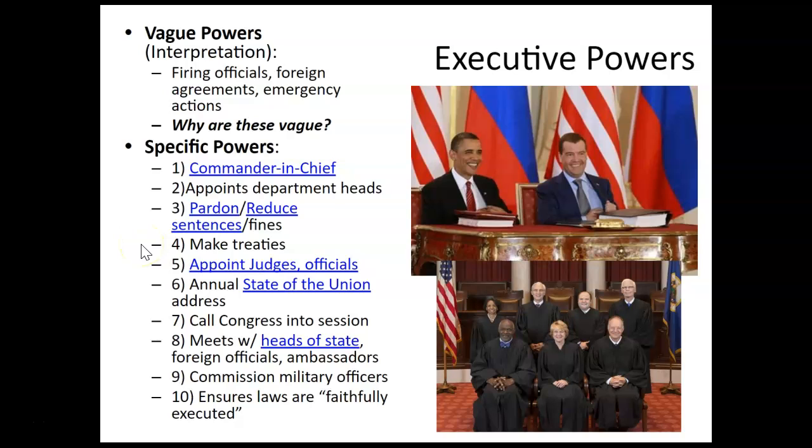And then the president determining emergency actions. This has been a really big thing all across this country right now, because these powers translate to governors also.